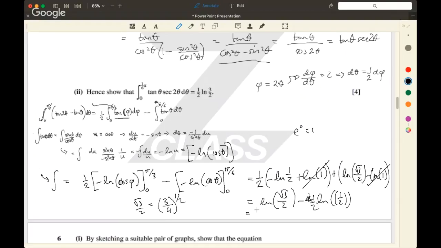And then we bring that 1/2 out. So this is 1/2 ln of 3 on 4 minus ln of 1/2. And then we realize that if you can bring these together, you get 3 over 4 divided by 1/2. So we get 1/2 ln of 3 on 2.